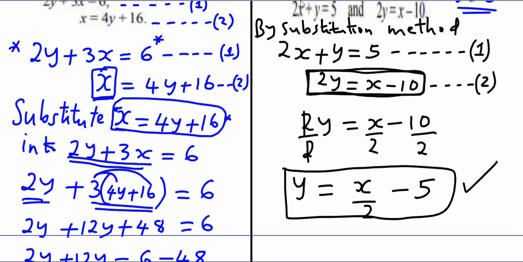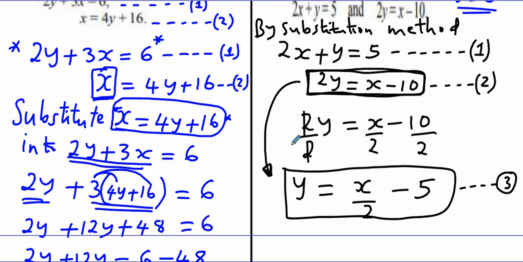And sometimes we label this equation, because this equation was not there. We label this equation y equals x over 2 minus 5 as equation number 3, to avoid confusion. So equation number 1 is still intact. Equation number 2 has been used to make y the subject.